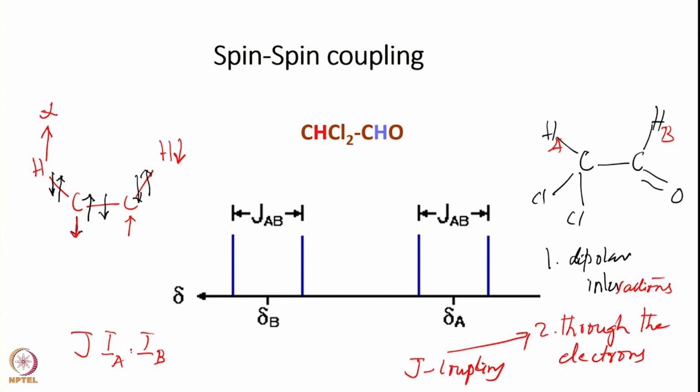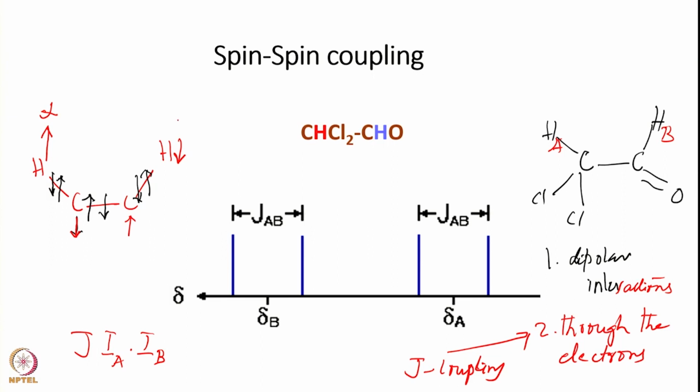IA dot IB is IA IB cosine 180, IzA IzB cosine pi. So, if they are exactly opposite to each other, this will be negative. Therefore, if they are opposite to each other, they will have a different energy level. Okay. So, because of this, if J is positive, this state will be lower in energy compared to the other state where this can be positive also.